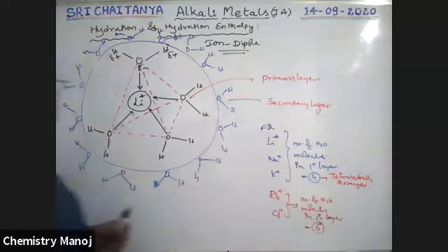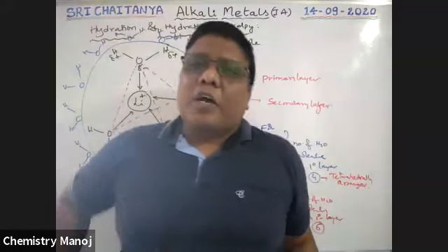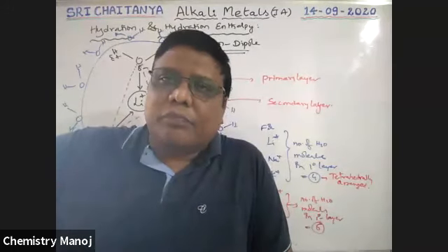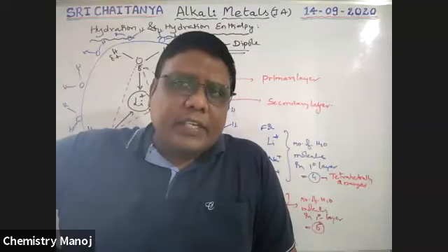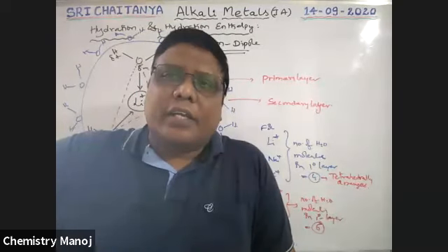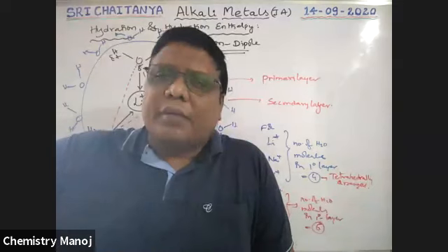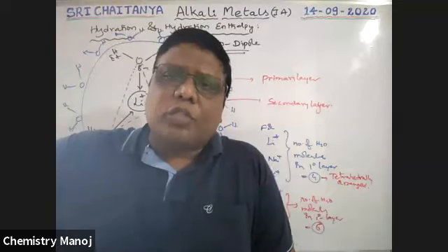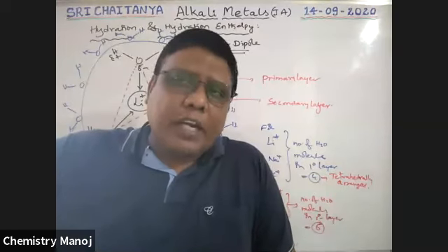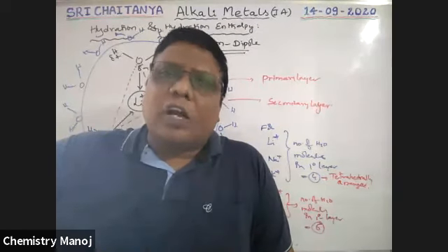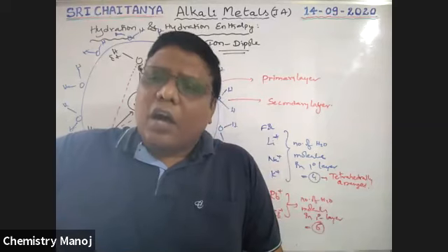Because of the small size of lithium, sodium and potassium, only 4 water molecules are tetrahedrally arranged. As the size increases, the number of water molecules around the metal ion increases. For rubidium and cesium there is more surface area, so automatically more water molecules are there. 6 water molecules in the primary layer are possible in an octahedral way, not tetrahedral.